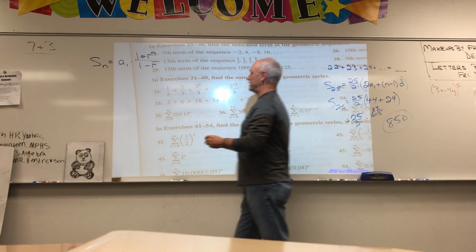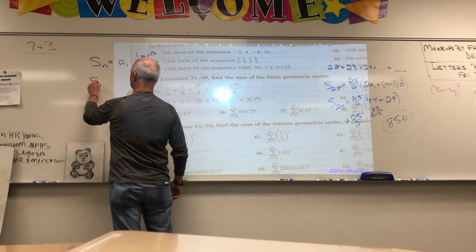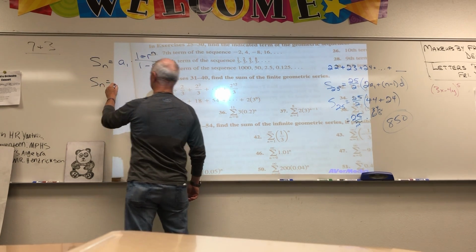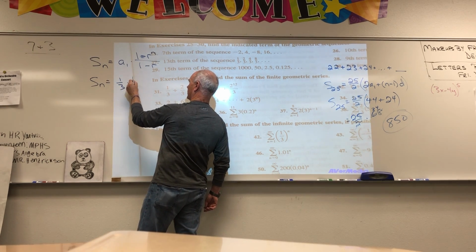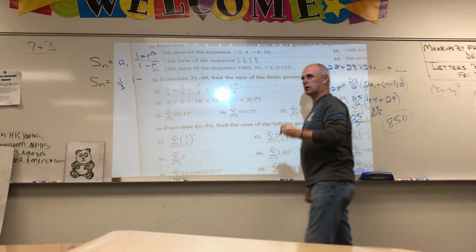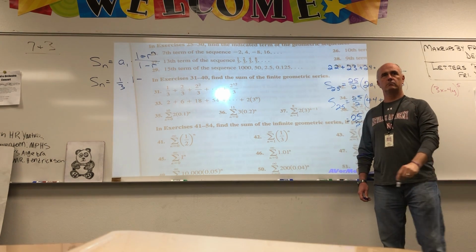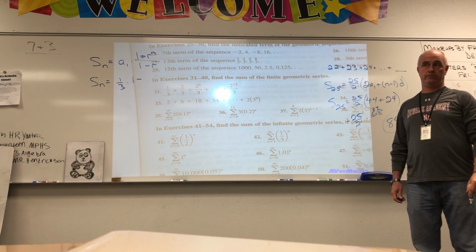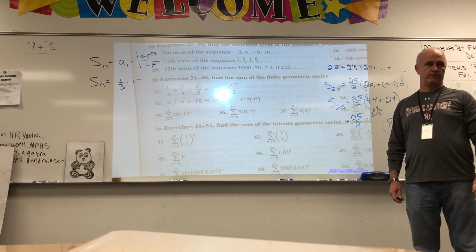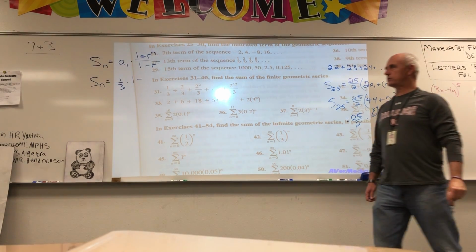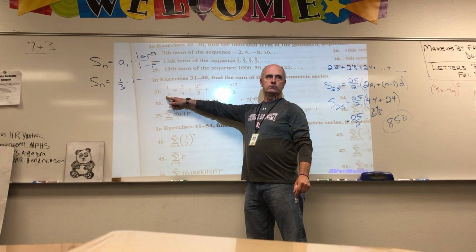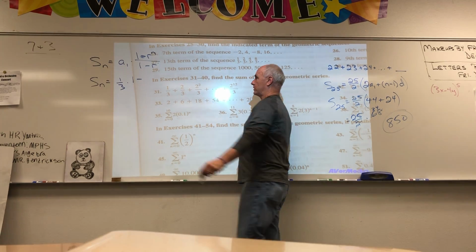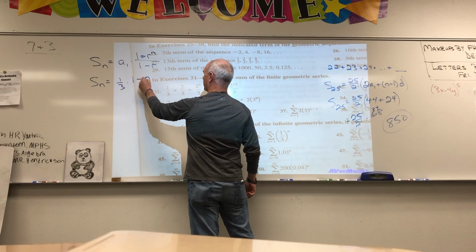Well, I feel good about a sub 1. A sub 1 is 1/3 times 1 minus. Do you know r? What's r? R is 2. A reminder, if you're not sure what r is, take a term divided by the term before it. 2/3 divided by 1/3 is going to give us 2. So r is 2.